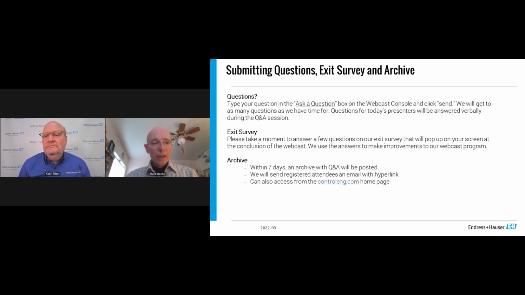Great, thanks. So I have nearly 1,000 instrument tags in service. Which ones should I consider adding Heartbeat to? Good question. We get that quite a bit. Let me give an example. One thing I didn't talk about on pressure was Heartbeat Verification on pressure. You're covering all the electronics, things of that nature, but it's not a calibration at the same time.